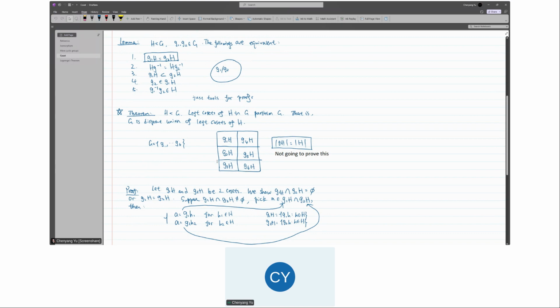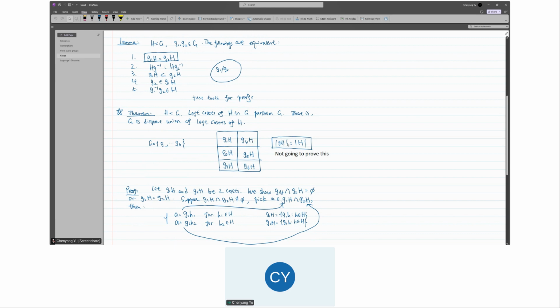Personally, I like to visualize this as a chocolate bar. For example, we have a group containing 6 elements g1 to g6. We can visualize the left cosets g1H, g2H, all of them just partition the group.